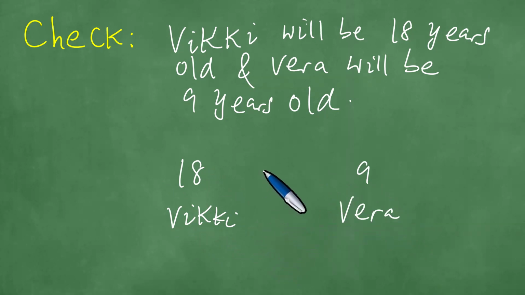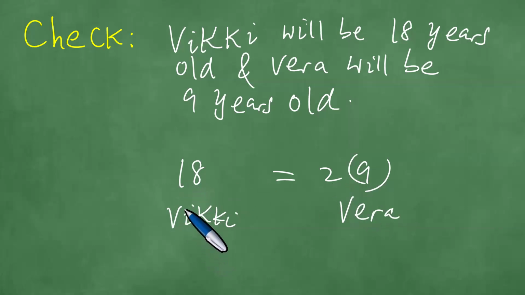We can see that indeed Vikki is twice as old as Vera, because the equation is true: when you multiply the 9 by 2, 2 times 9 is 18.